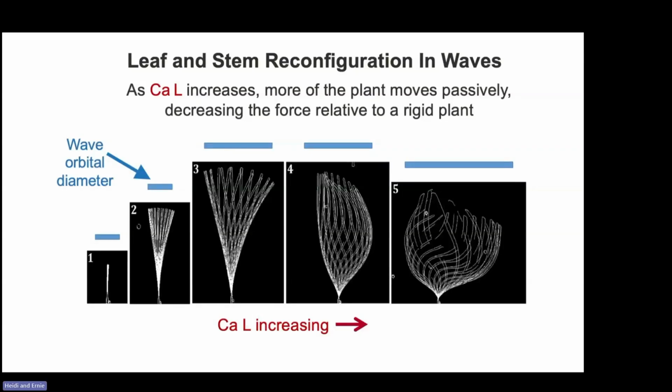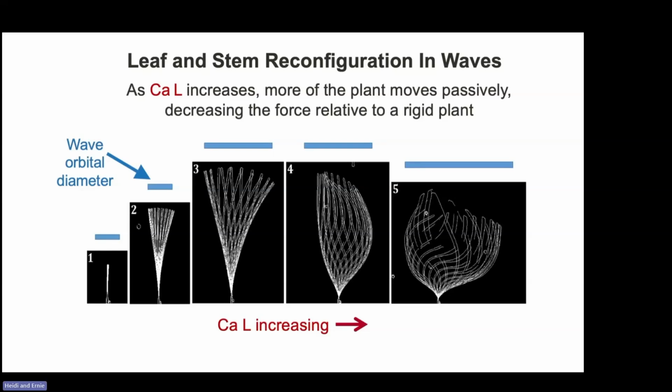So the photos show a plant in wave motion with increasing values of CaL from left to right. Above each photo, the horizontal blue line indicates the wave orbital diameter. At the smallest value of CaL, the leftmost photo, the plant does not move.